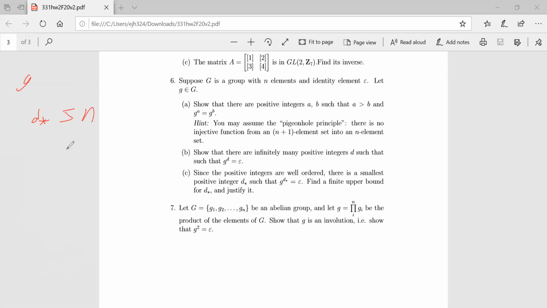Does that make sense? Justin, does that make sense? Yes. Cool.